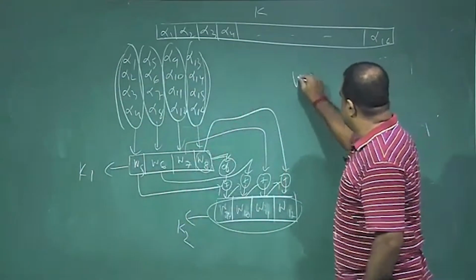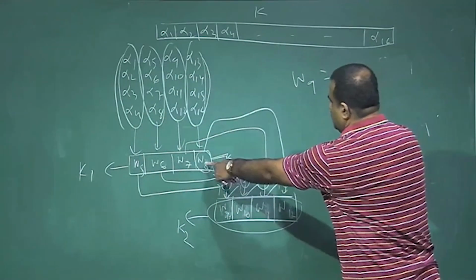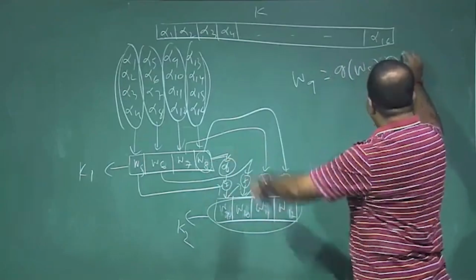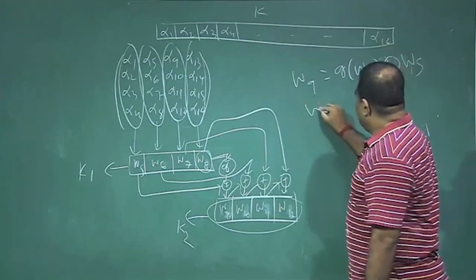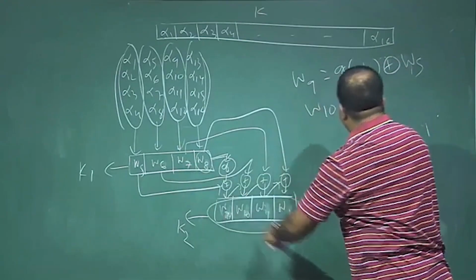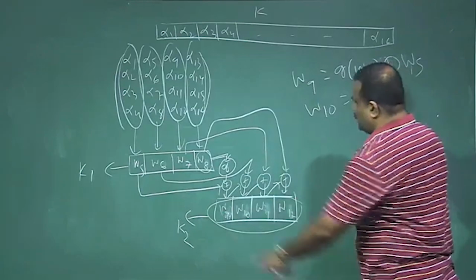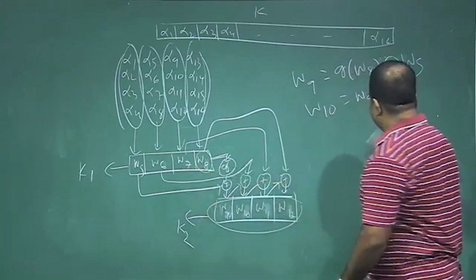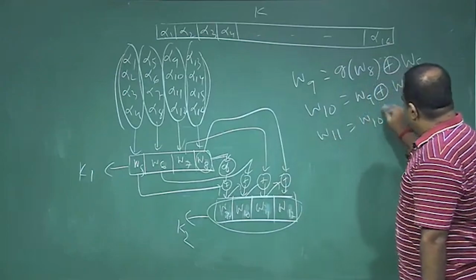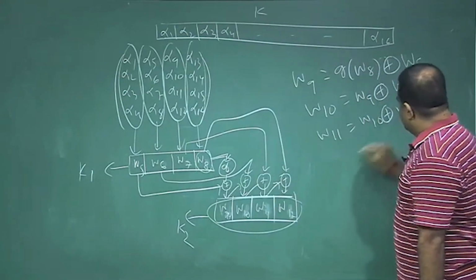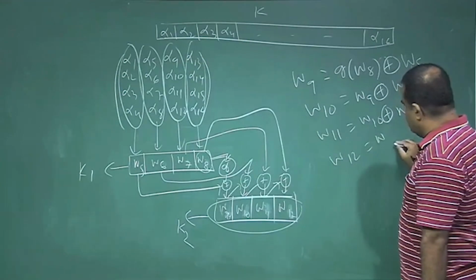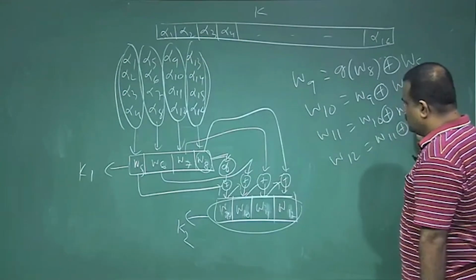So, basically W9 is calculated by applying G on W8 and XORing with W5. Once W9 is calculated, W10 is W9 XOR with W6, and W11 is W10 XOR with W7, and W12 is basically W11 XOR with W8.